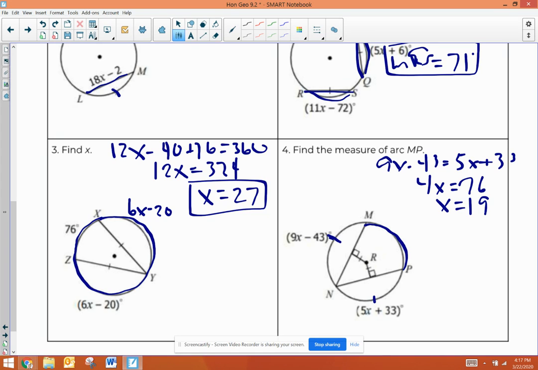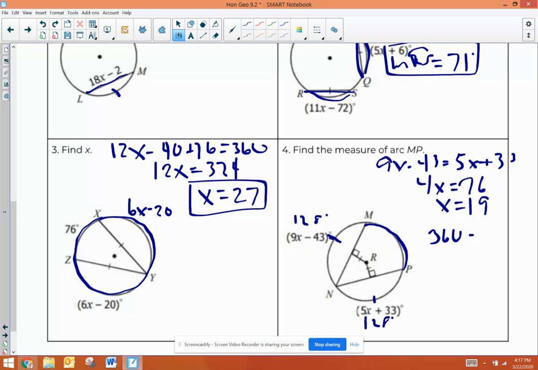Okay, so now I'm going to find the measure of arc MP. So I'll find the measure of arc NP first by substituting that. So that's 128. That means this is 128. So if I do 128 times 2, that's 256.